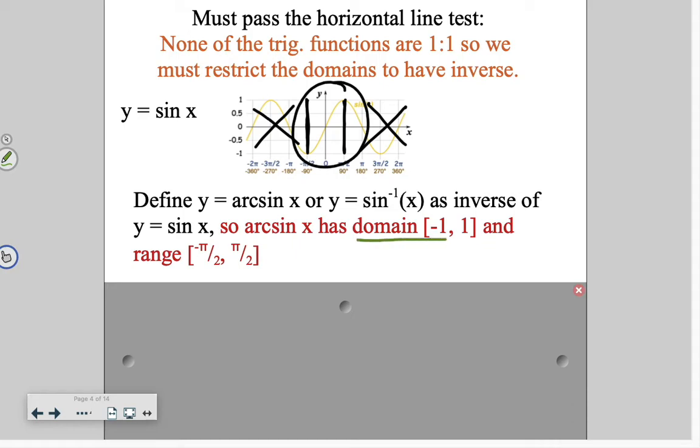So domain is now -1 to 1, okay, because of our everything flipping. And here's really the key part right here. Range is defined between -π/2 and +π/2 because of our restriction. Okay? The only place that we can come up with answers is right in that area, between -π/2 and π/2.